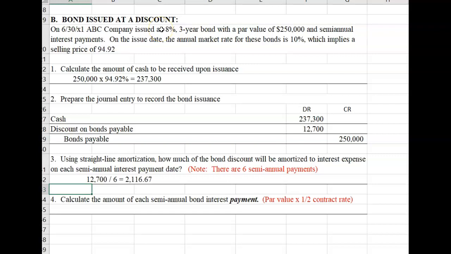Therefore, to calculate our semi-annual bond interest payment, we'll take the $250,000 par value and multiply it times 4% to equal $10,000. Par value times 1/2 of the contract interest rate will equal the semi-annual bond interest payment.